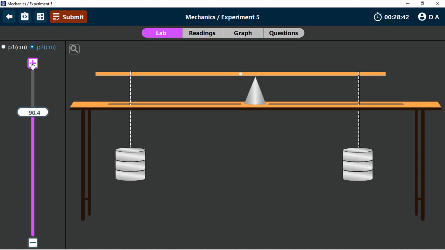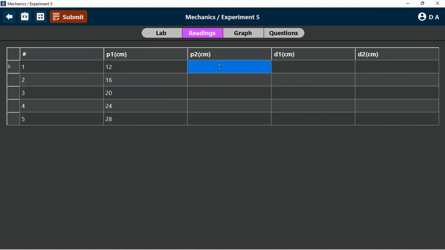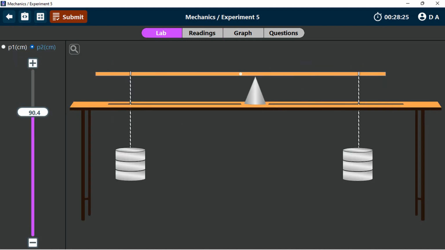Then what we want to do is to record where it balances. It balances at 90.4. So let's record what we have, 90.4. The next thing we want to do is to determine the value of D1. D1 is the distance between this P and the pivot point.